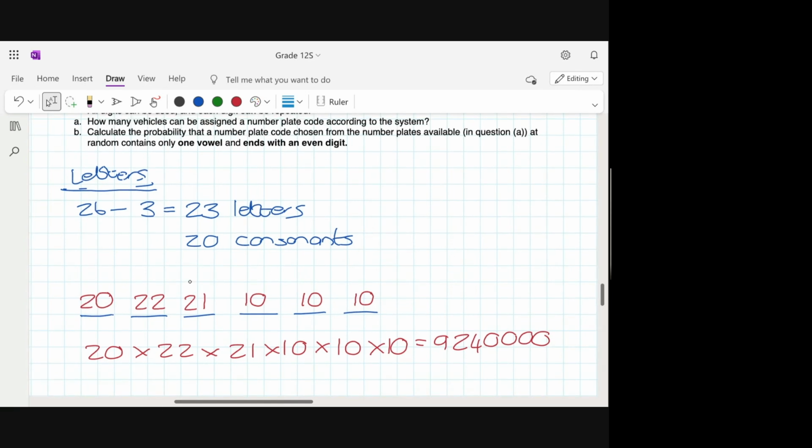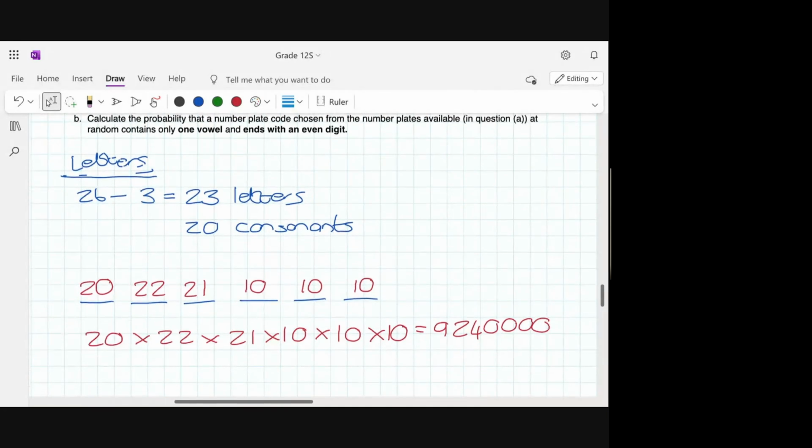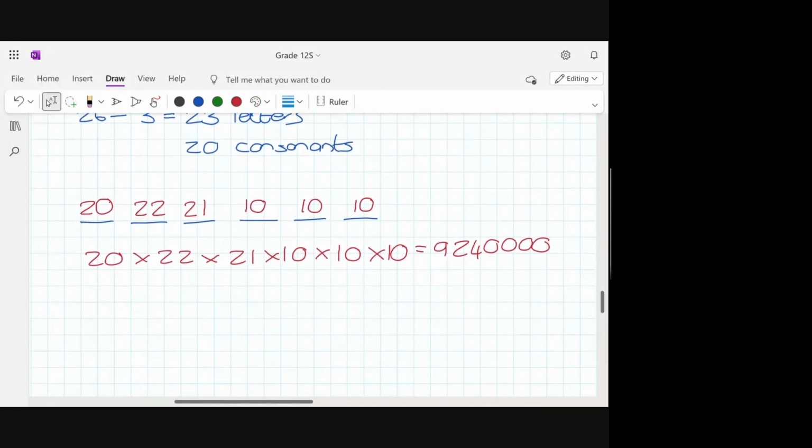Now it says, calculate the probability that a number plate code chosen from the number plates available, the ones that we calculated, at random contains one vowel and ends with an even digit.